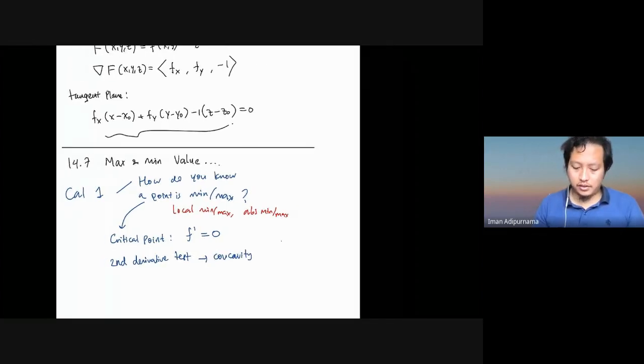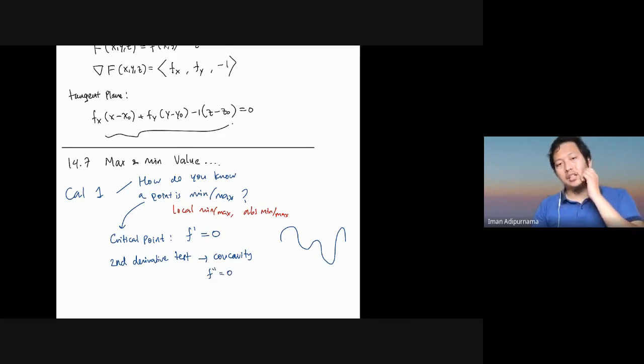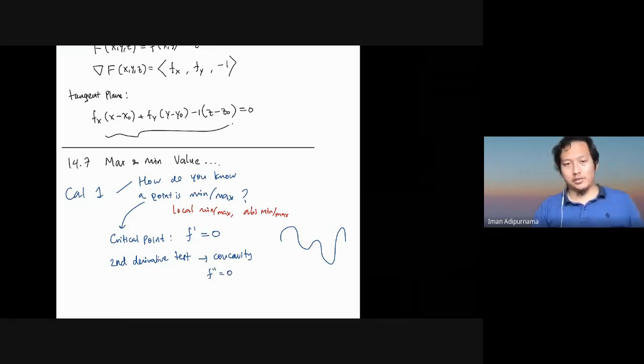You can look at how your graph will look. And of course, from the second derivative, you can also check the concavity, whether it is concave up or down, and you will be able to tell whether the point is in the maximum or minimum range, right?